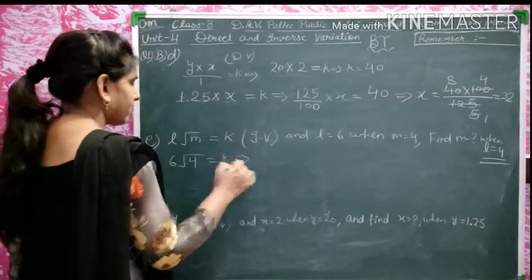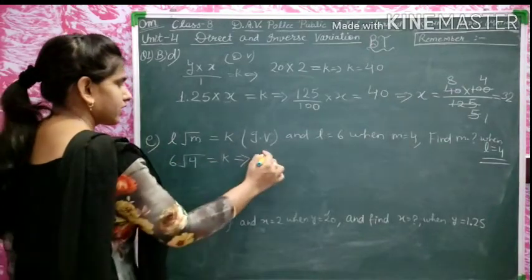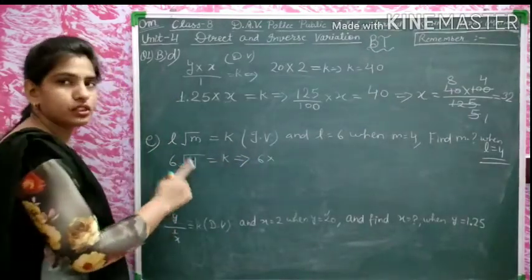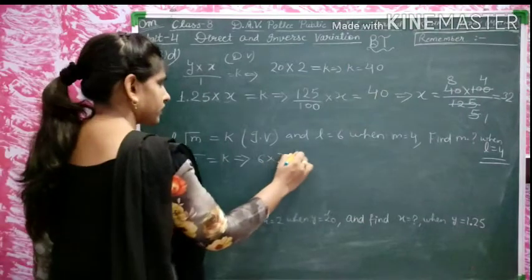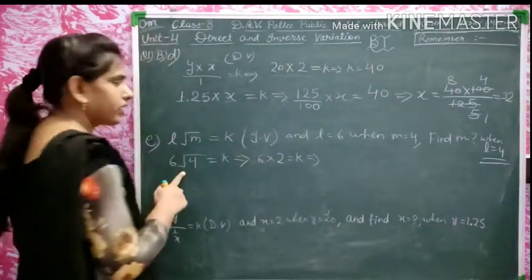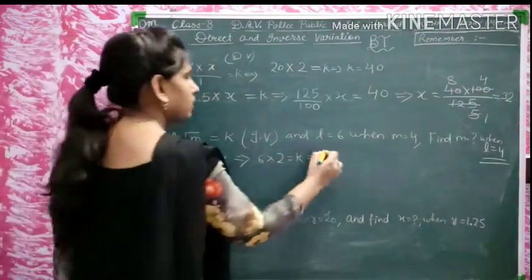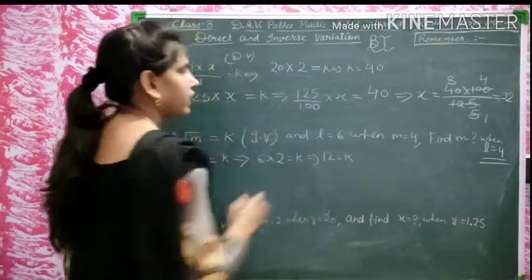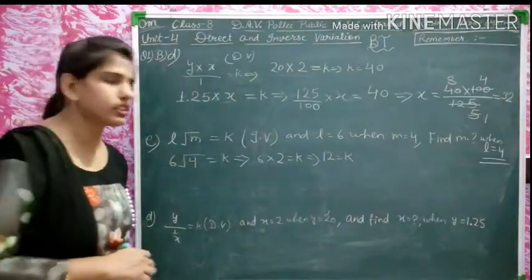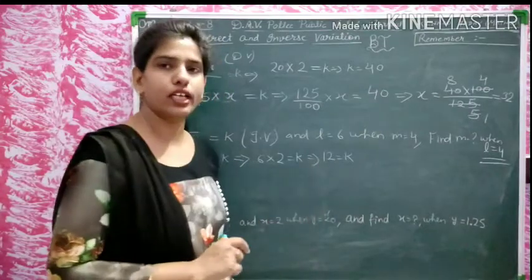The square root of 4 is 2, so 6 into 2 is equals to k. We have done the square root exercise already. 6 2s are 12 is equals to k. We get the constant value k is 12 here.